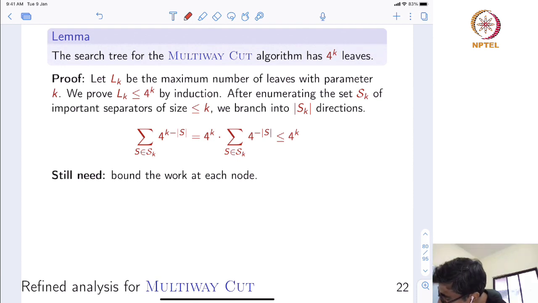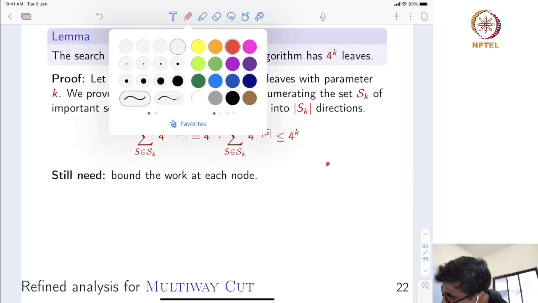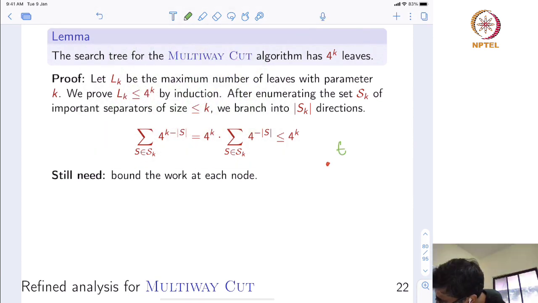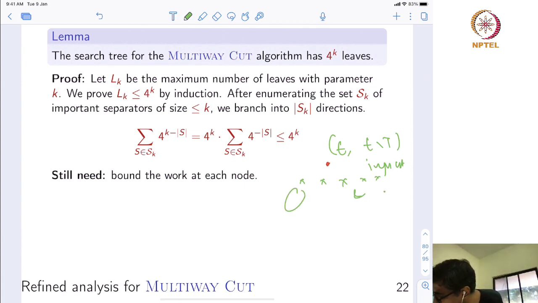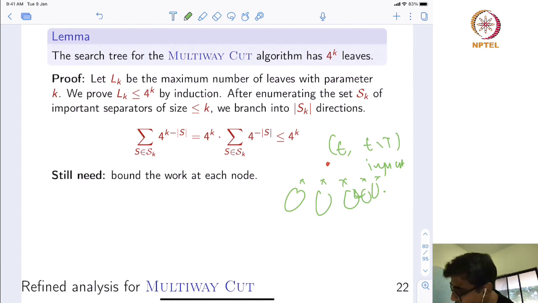So how does the algorithm work? You enumerate important cuts, and then you recursively solve the problem. How many important cuts? So how many leaves is this algorithm going to have? The parameter drops in each of these branches.